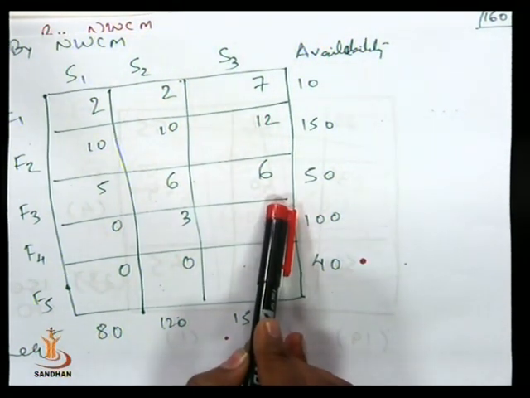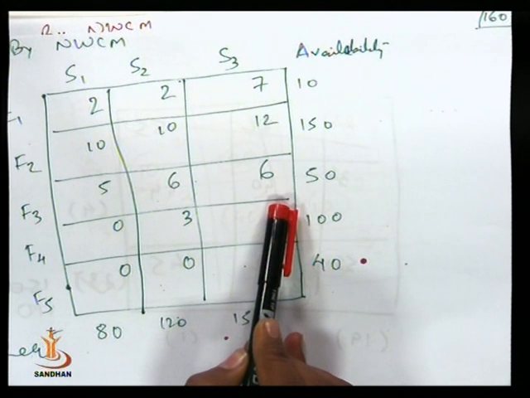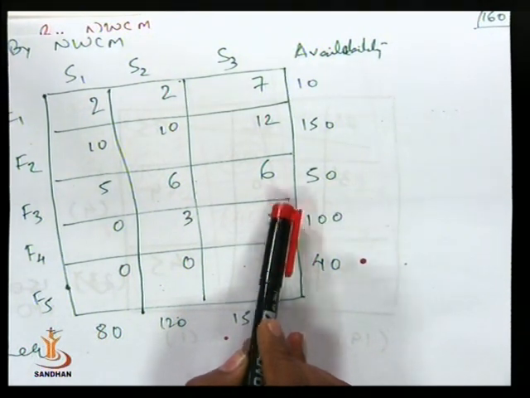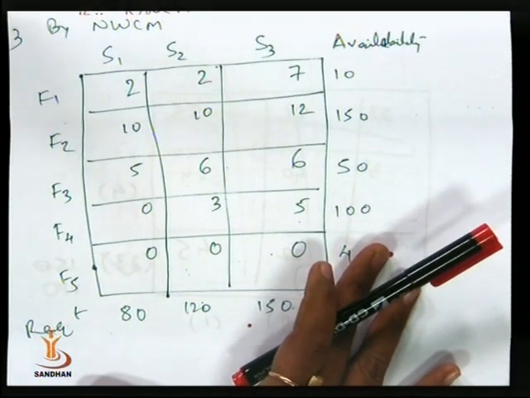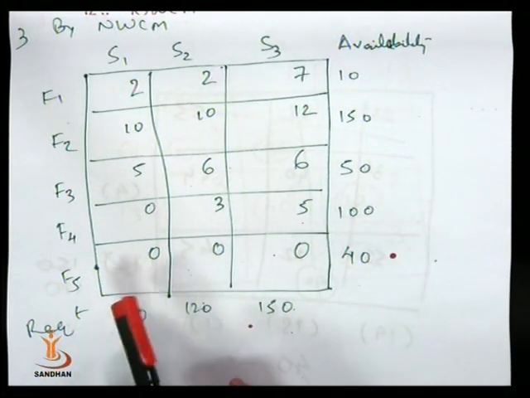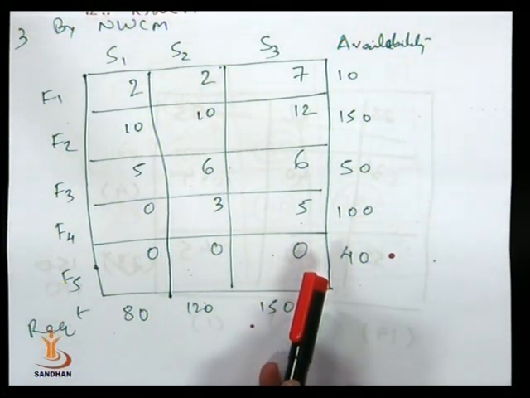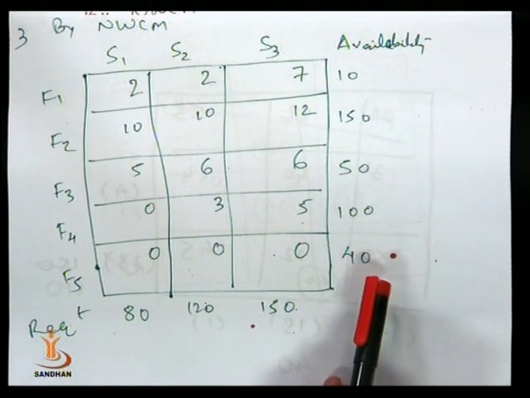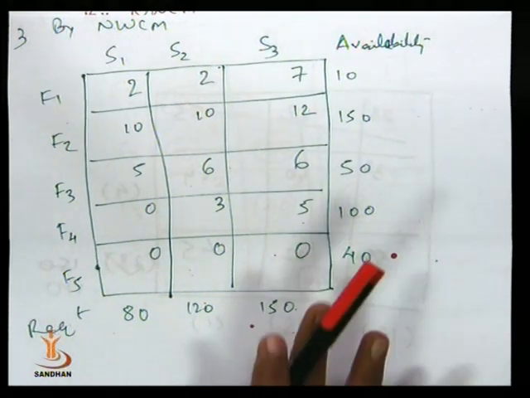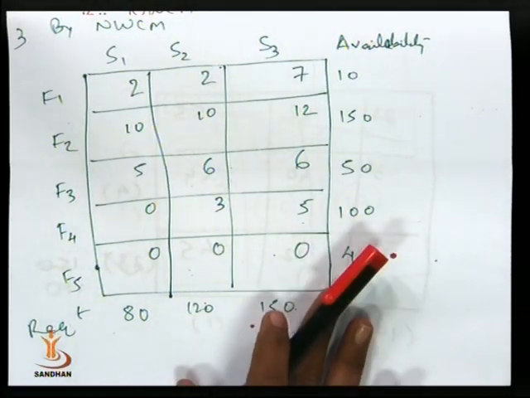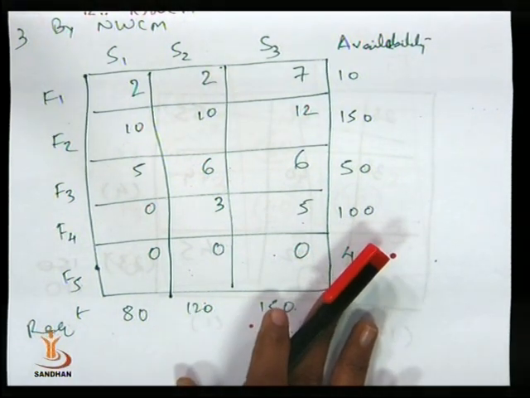This is the situation where we convert maximization into minimization. But now there is a problem of unbalancedness. So we add one artificial row with 0 transportation charge with 40 units of availability. Now this problem is converted into minimization and simultaneously balanced.